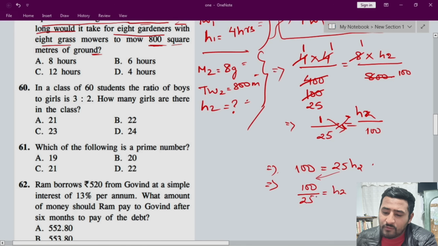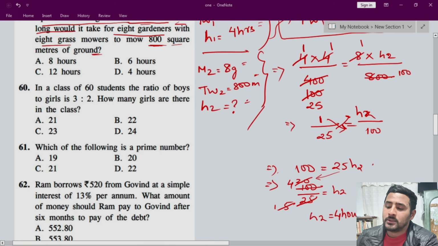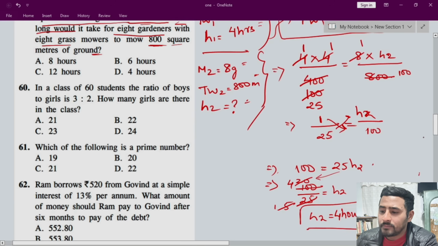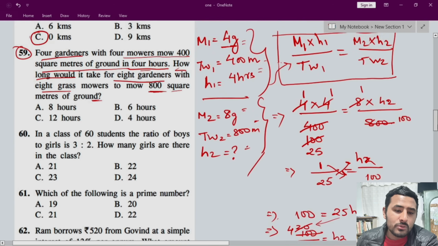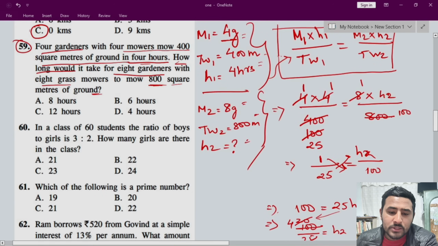Start with the cancellation. 5 5s are 25, 5 20s are 100, 5 1s are 5, 5 4s are 20. So how much will be H2? H2, that is hours. H2 will be 4 hours. So the answer will be 4 hours. So for question number 59, the answer will be option D.